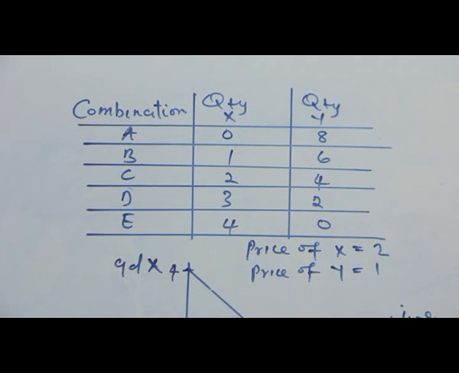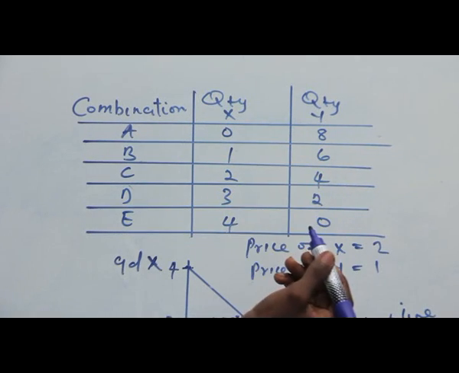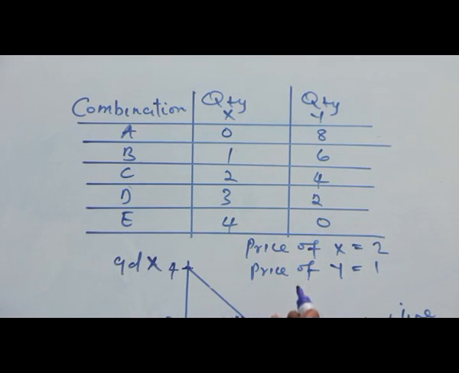So at the end, we have the total income of $8. What we are trying to understand here is that the consumer wants to consume two commodities at a time that will give equal satisfaction.